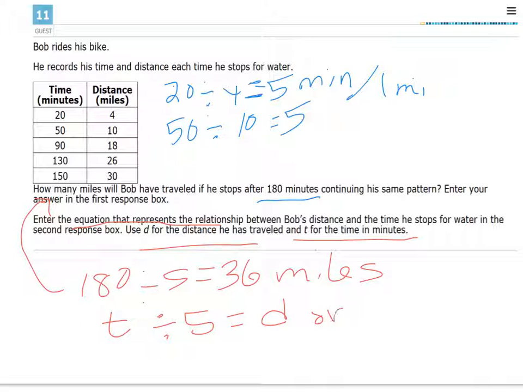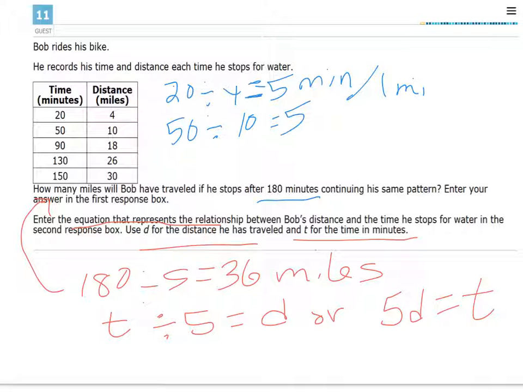Or if I want to switch it around, I could go 5 times the distance equals the time. So there are 2 ways to actually write this equation.